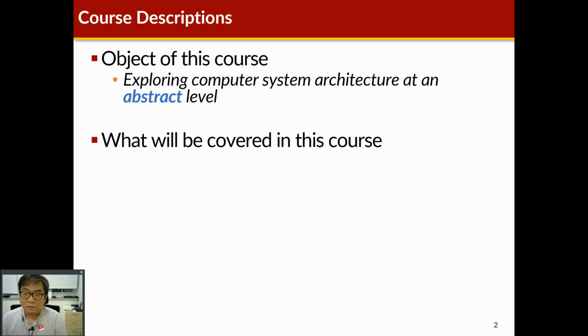Please focus on the word abstract. I will explain it later, but as computer engineering students, you should know the meaning of the word abstraction. This is a very important term used in the computer engineering field.